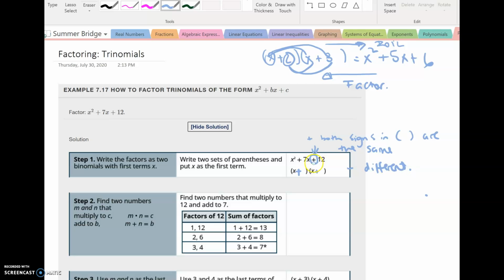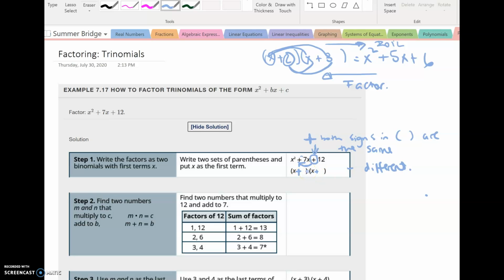Okay? Now, once you look at if it's positive and they're both the same, then you take a look at the first sign, and the first one tells you they're both going to be, in this case, positive. If this were negative, then they'd both be negative. Okay, so that's how we know that they're both positive.